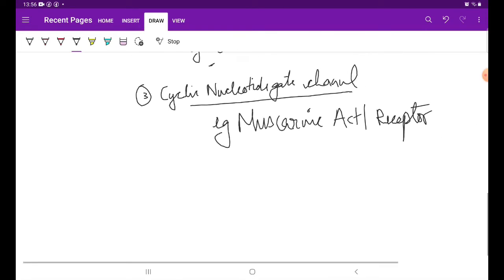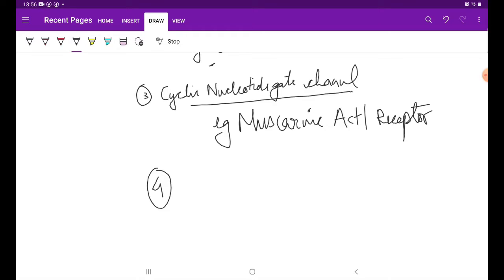Now there's the fourth one, the time gated channel.